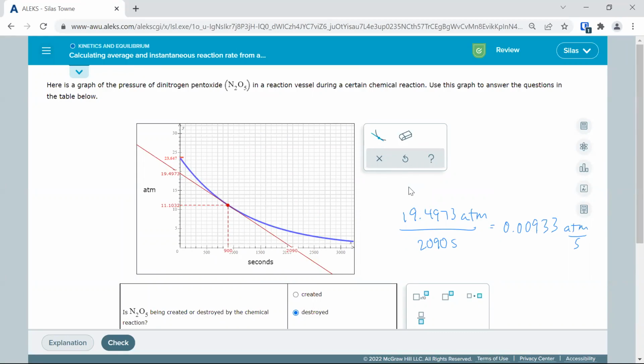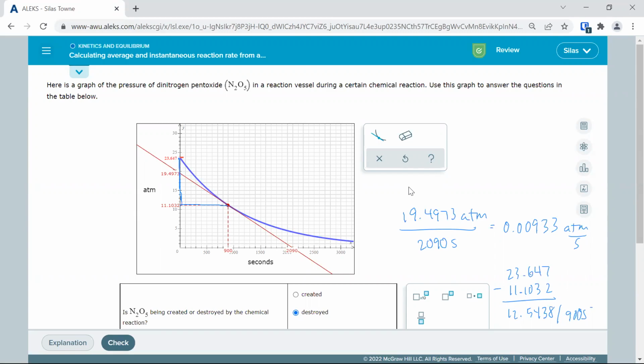For the average, we're going to look at how much it's changed over those 900 seconds. So we're looking at this difference here. We're going to go 23.647 minus 11.1032, and we get 12.5438, and that is per 900 seconds.